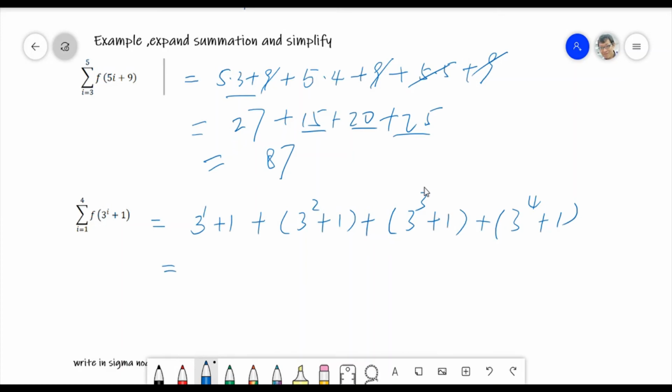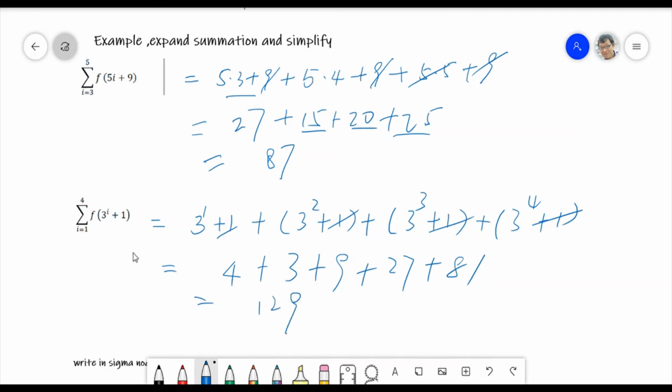So totally we have four 1s, plus 3 plus 9 plus 27 plus 81. So 4 plus 3 plus 9 is 16, plus 27 is 43, plus 81 is 124.